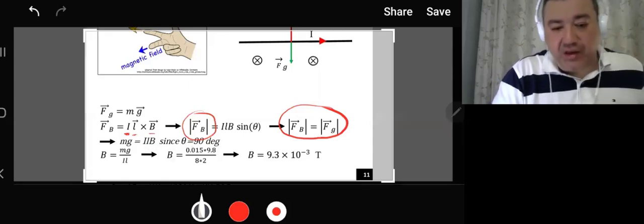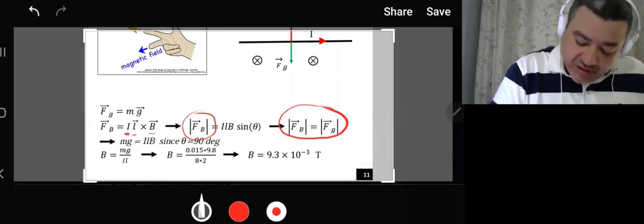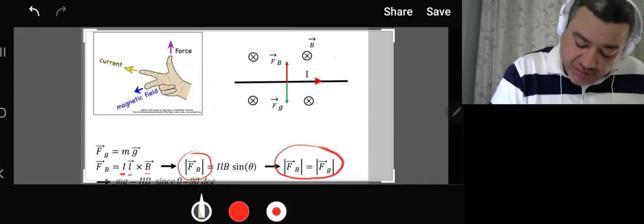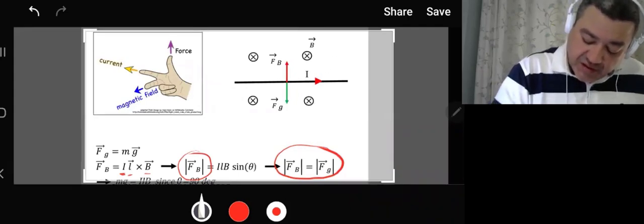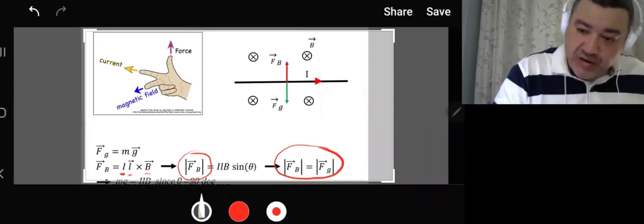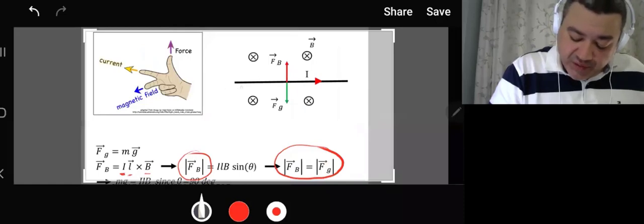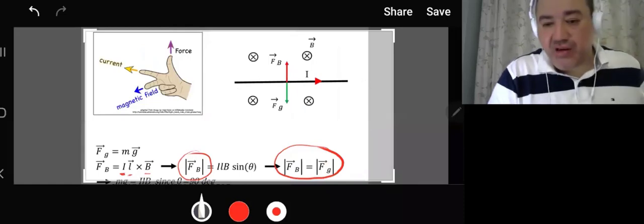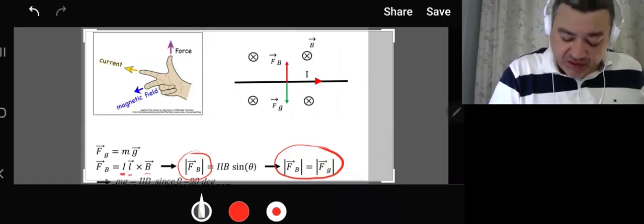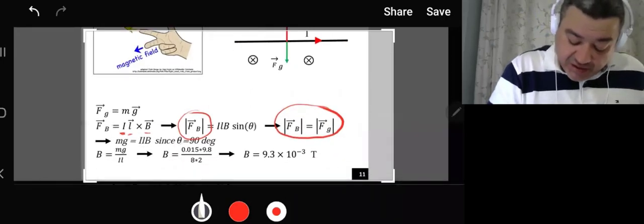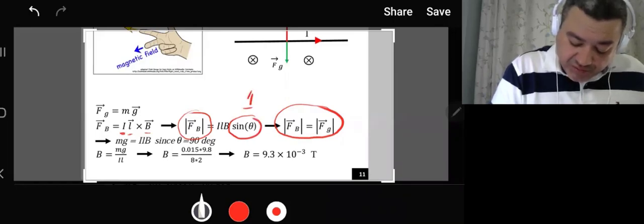Now, since theta is 90 degrees, the angle between the current and the magnetic field, as you can see here, the magnetic field is into the page. The current is horizontally from left to the right. Then the angle between the current and the magnetic field is 90 degrees. That's why sine theta would be equal to 1.